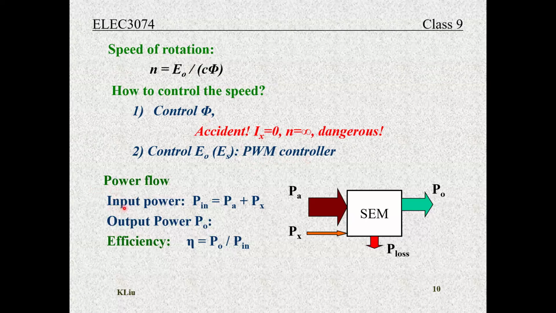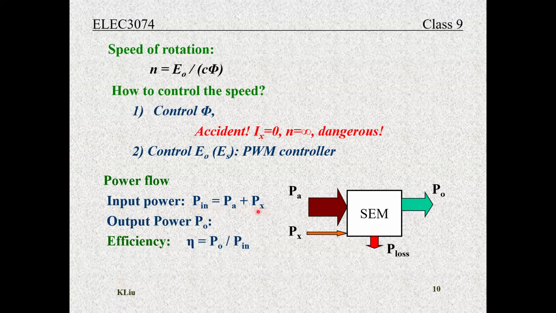Power flow in the DC motor, and pretty much in most of the motors you're going to have that. Not all of them, because some, like the squirrel cage motor, are not exciting any field, but we haven't got to that yet.